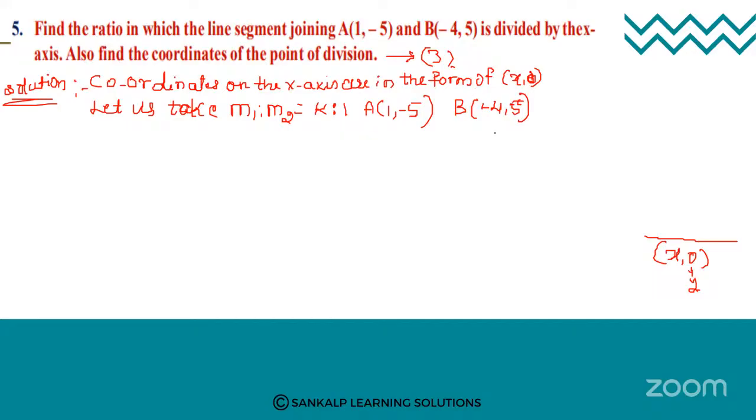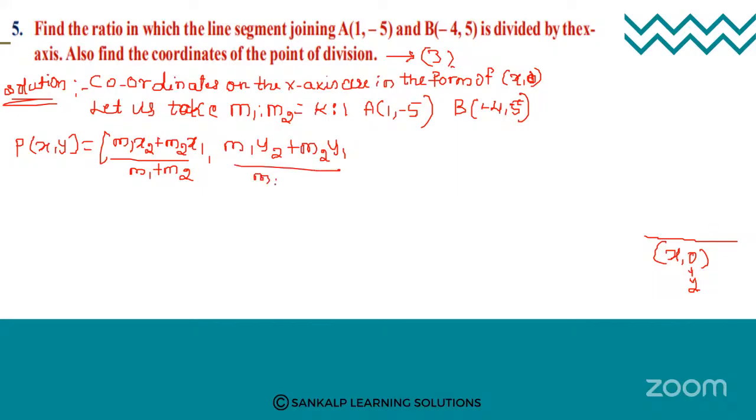Next, by applying section formula, P of (x, y) is equal to (m1 x2 + m2 x1) divided by (m1 + m2), and (m1 y2 + m2 y1) divided by (m1 + m2). This is our section formula, right.